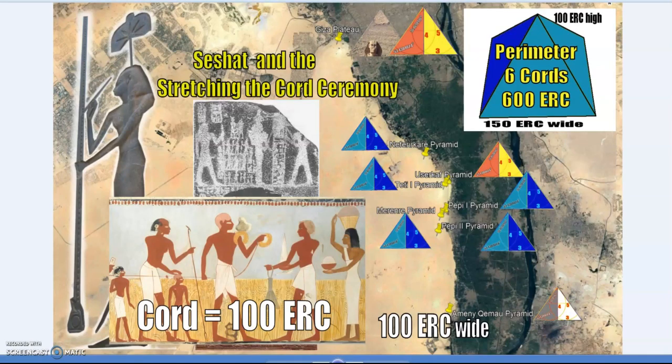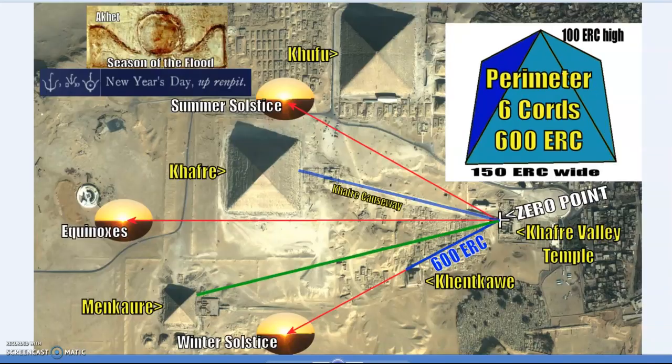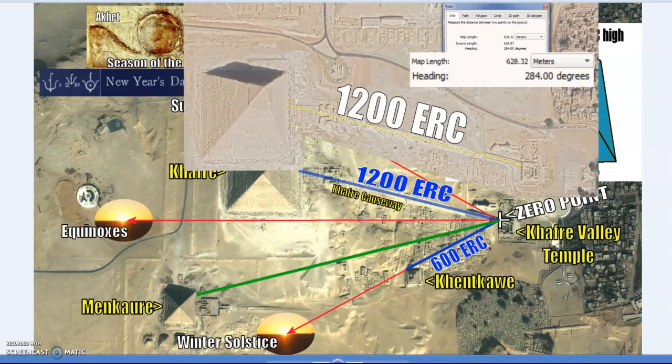All those pyramids that are 150 wide by 100 high, they have a perimeter of 600 cubits, or 6 cords. From the zero point to the Khafre pyramid, 1200 cubits, or pi times 200 meters, and again that's at 14 degrees north of west.